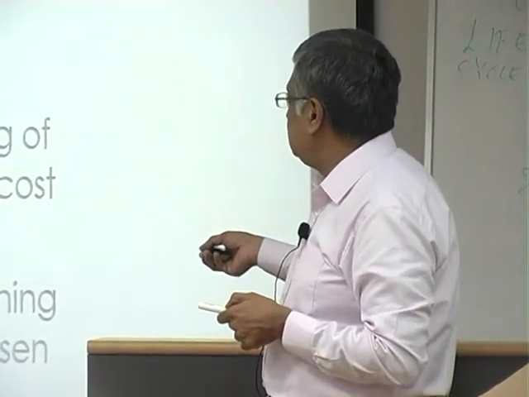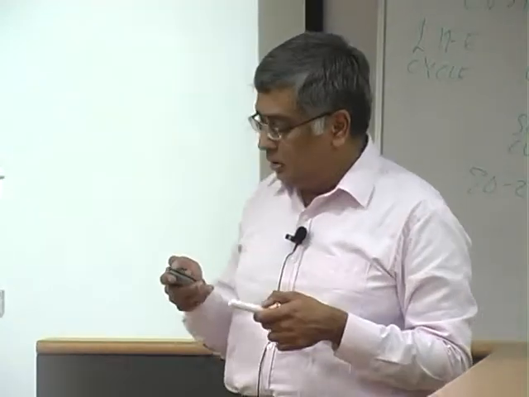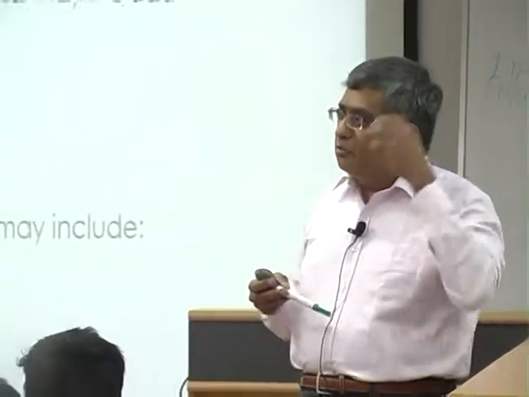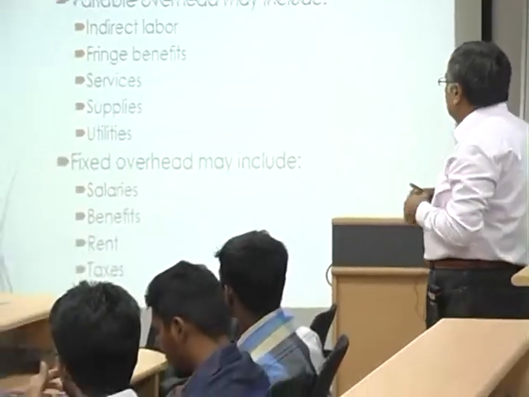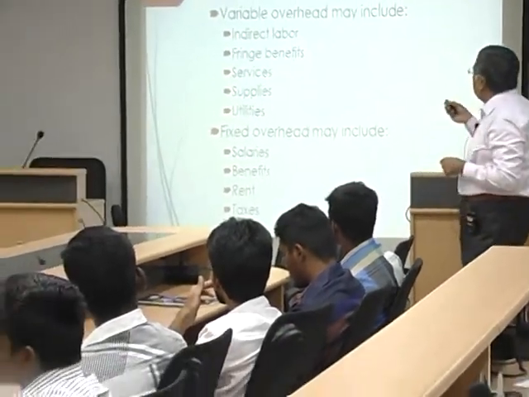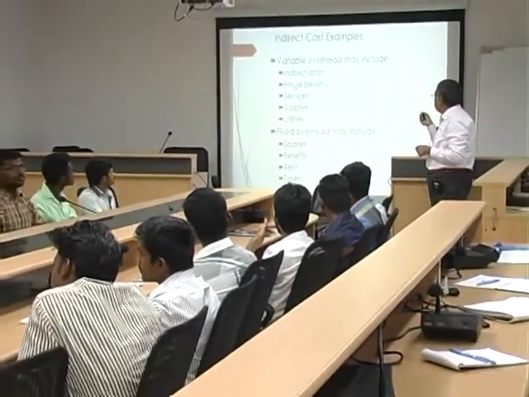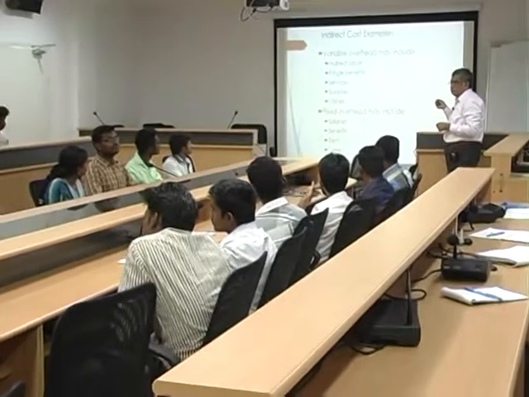And cost allocation is the assigning of the indirect cost to the chosen cost object, okay? So here are some examples of what is considered variable overhead and fixed overhead, right? Variable overhead would be things like indirect labor, fringe benefits, services, supplies, utilities.